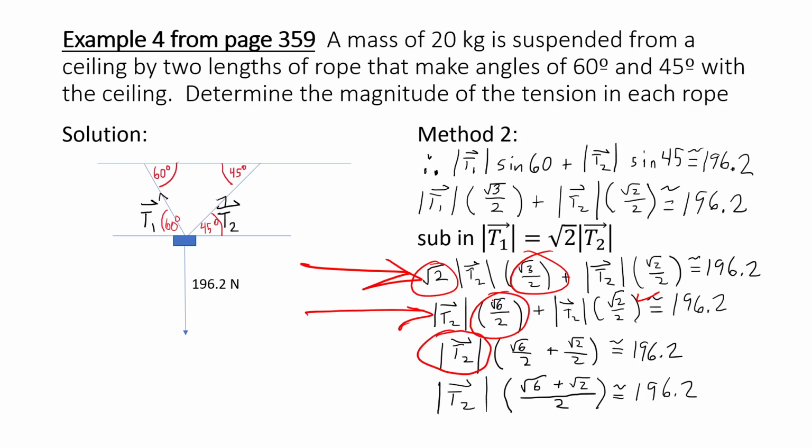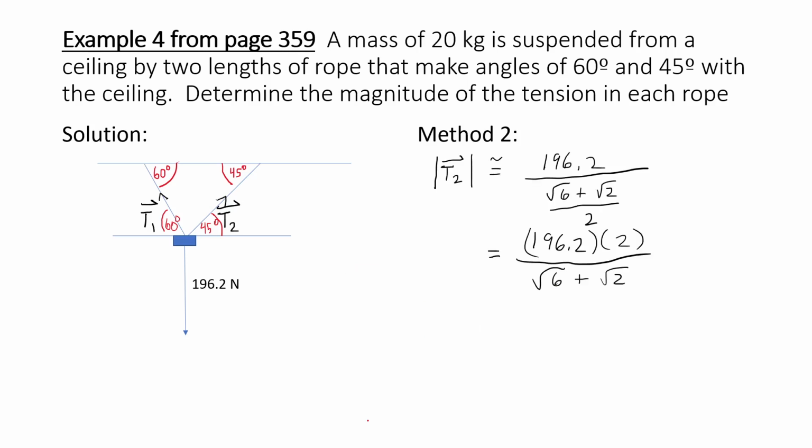When we do that, we've got a coefficient of root 6 over 2 adding a coefficient of root 2 over 2 right there. And when we add root 6 over 2 plus root 2 over 2, we get root 6 plus root 2 over 2. So the magnitude of T2 times root 6 plus root 2 all over 2 is roughly equal to 196.2. There we can just simply divide and figure it out.